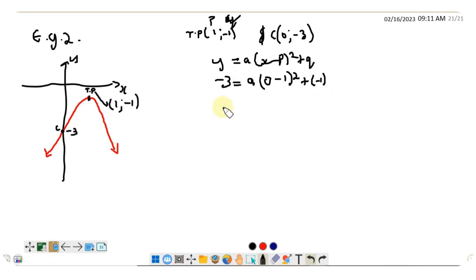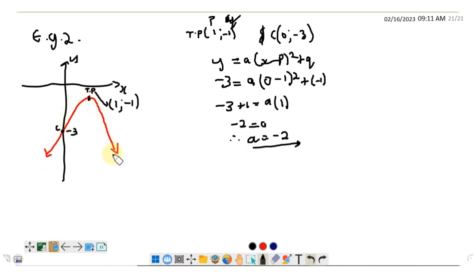Negative, when I bring it inside, it becomes positive. So negative 3 plus 1 equals a into negative 1 squared, which becomes positive 1. So negative 2 equals a. Therefore, a equals negative 2. You see this, guys, a is negative.